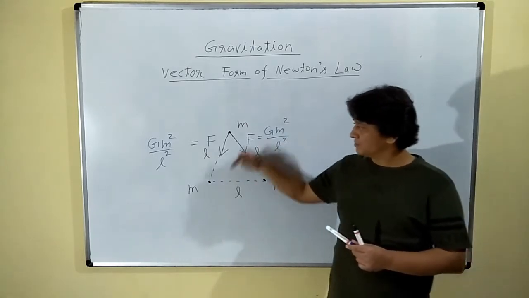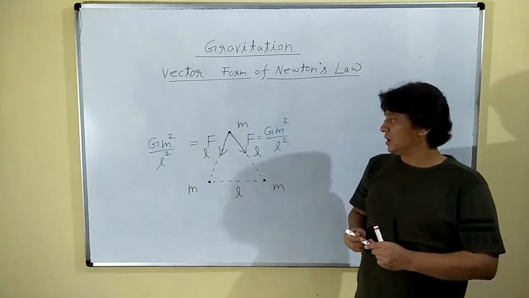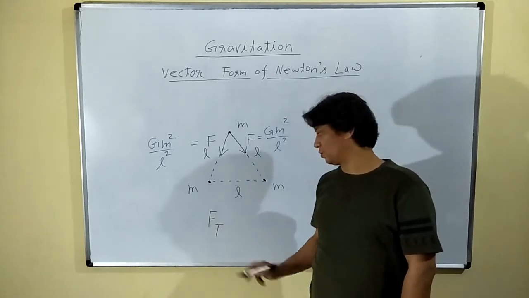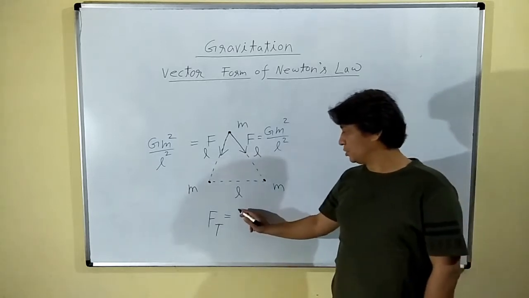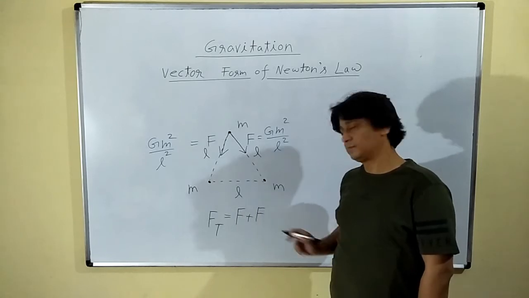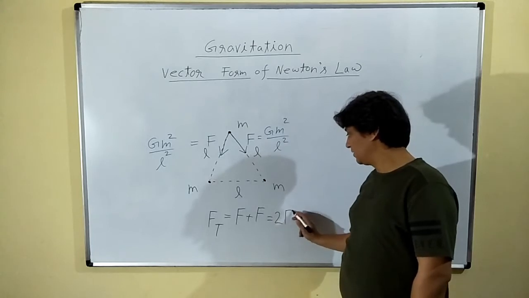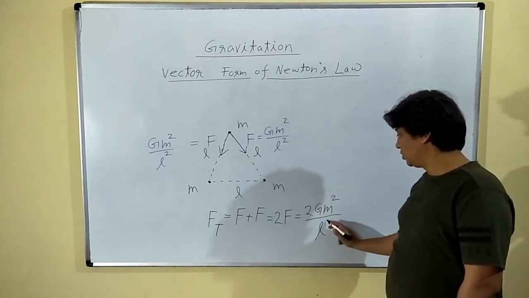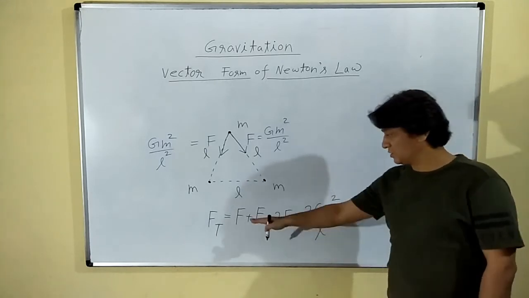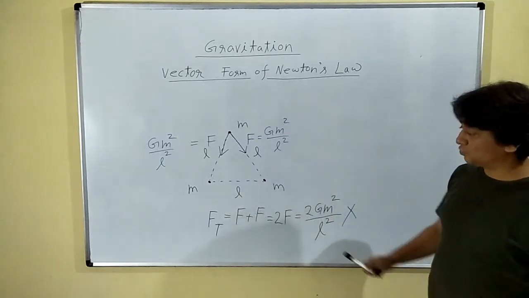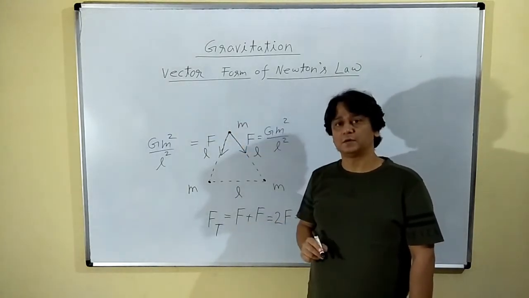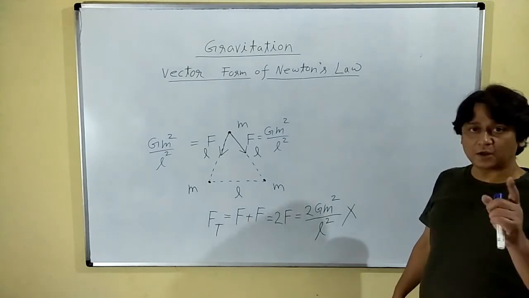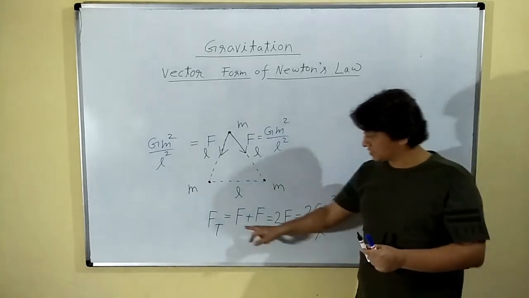The magnitudes: this M pulled it towards itself, and this M also pulled it towards itself. Now you are asked to find the total force. If I ask you for the total force, its magnitude F total, then what do many people do? They do this: F plus F. What is F plus F? 2F. And then they say the answer is 2 G M square upon L square. But I hope you know that this whole thing is wrong, because force is a vector, and in vectors you cannot add things this way. If the vectors are in the same direction, then only this type of thing is allowed.